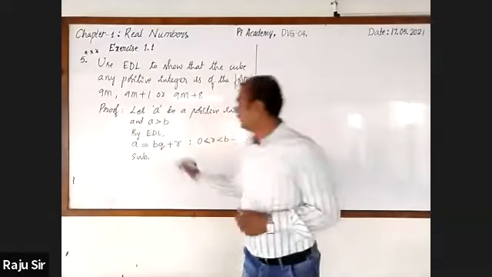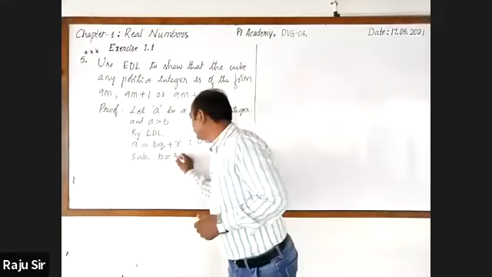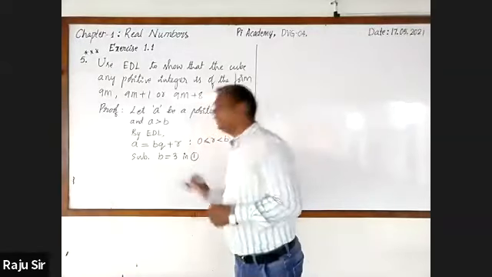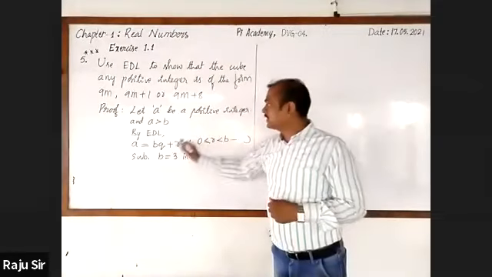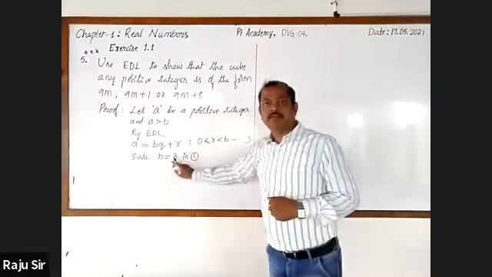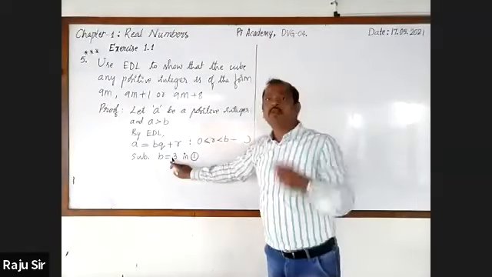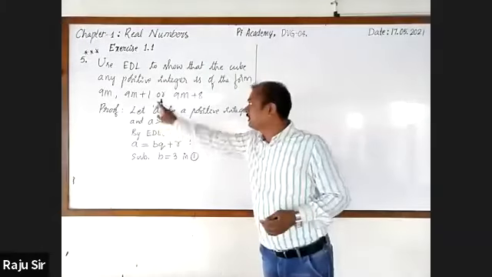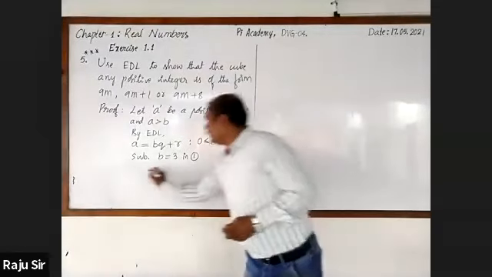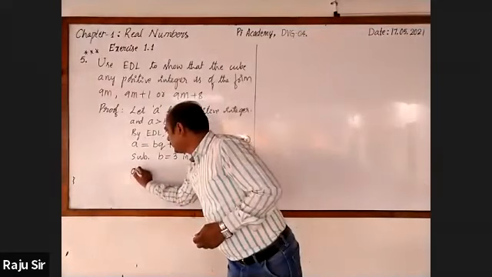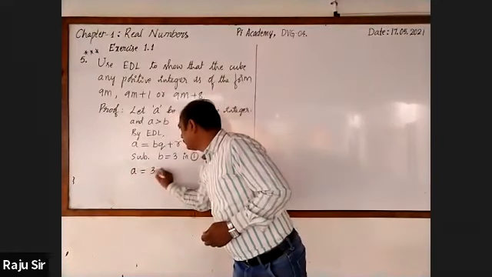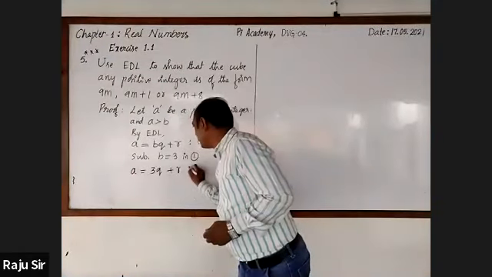Substitute b equal to 3 in statement 1. Instead of 9, we are taking 3 because 3 cube is 27, and 27 is a multiple of 9. Now, statement 1 can be written as a equal to 3 cube plus r.